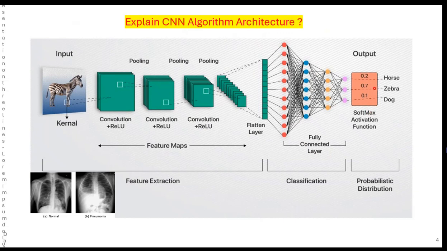Finally, using the activation function, we find whether the image given is a horse, a zebra, or a dog. Similarly, if you give another image of a patient's chest X-ray, it can find whether you have pneumonia or COVID or any other virus.